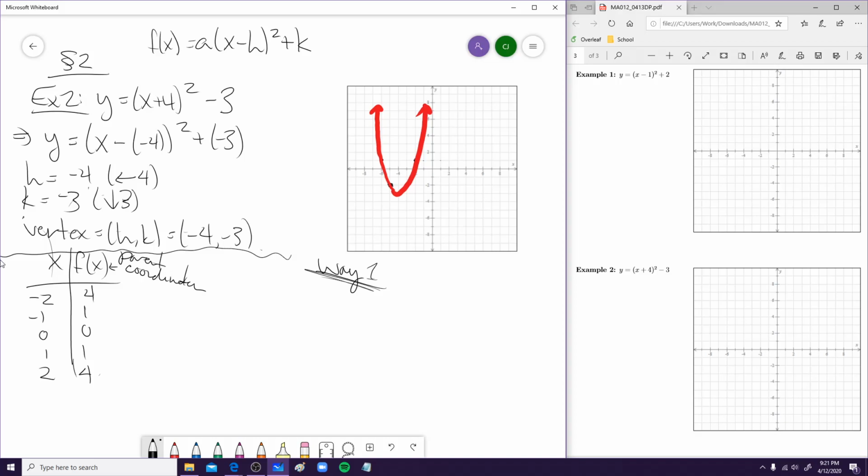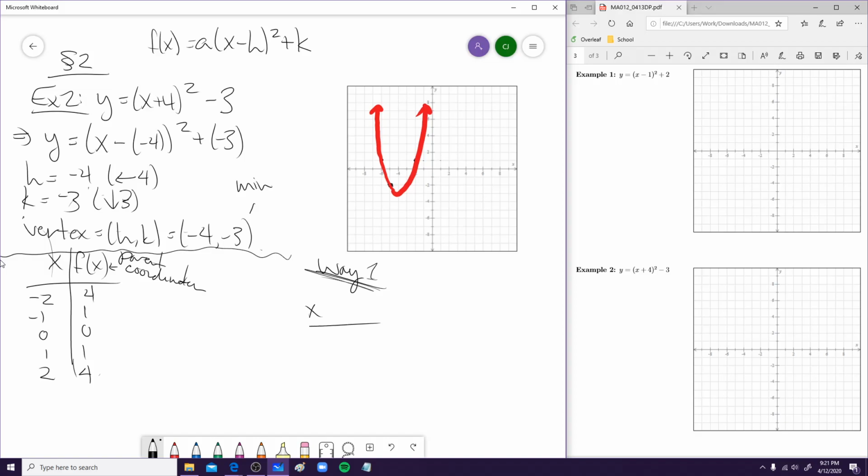So what am I going to do with this information? We know that since it's going to go up like a cup, this is our minimum value. This is going to be our smallest value, and then we have to pick 2 values to the left of it and 2 values to the right of it to see what our parabola will look like.